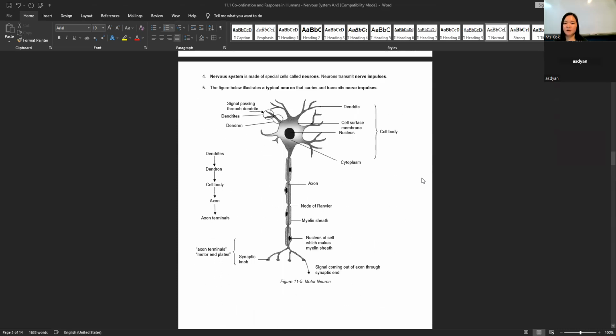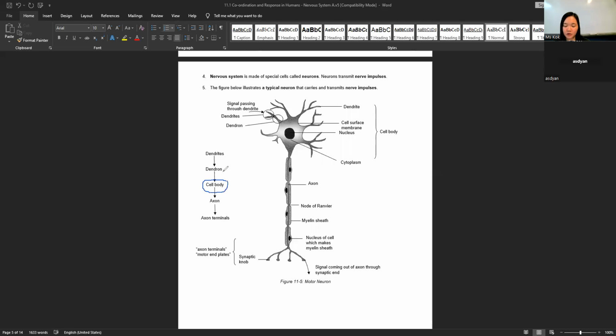The nervous system is made up of special cells called neurons. Neurons transmit nerve impulses. The figure below shows a typical neuron. In a typical neuron, you have to look at where the cell body is. So here, this is the cell body.